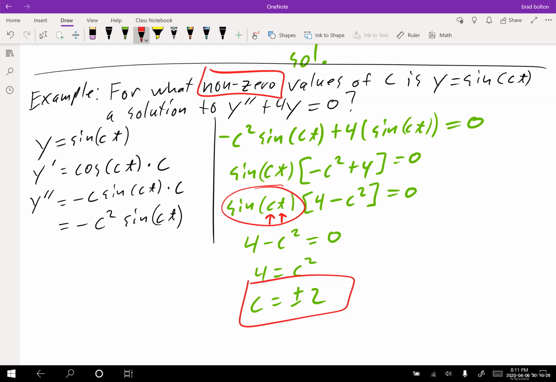So we found what it needed to be in order to guarantee that y equals sine ct would be a solution to this differential equation. So you could plug these two values in right there, and you should be good.